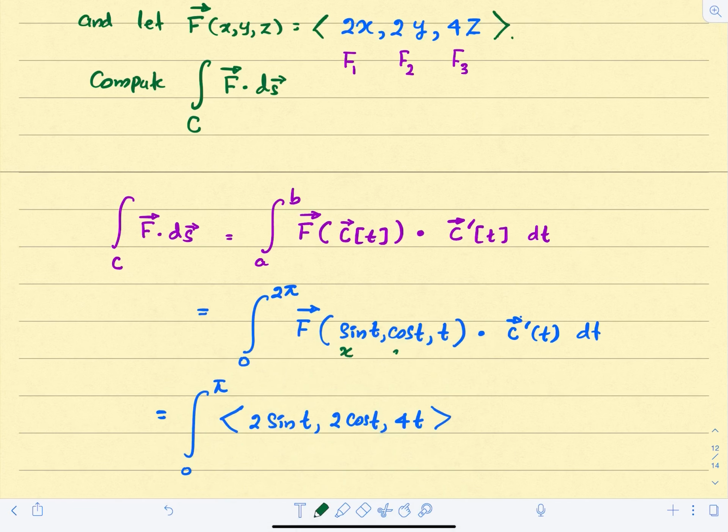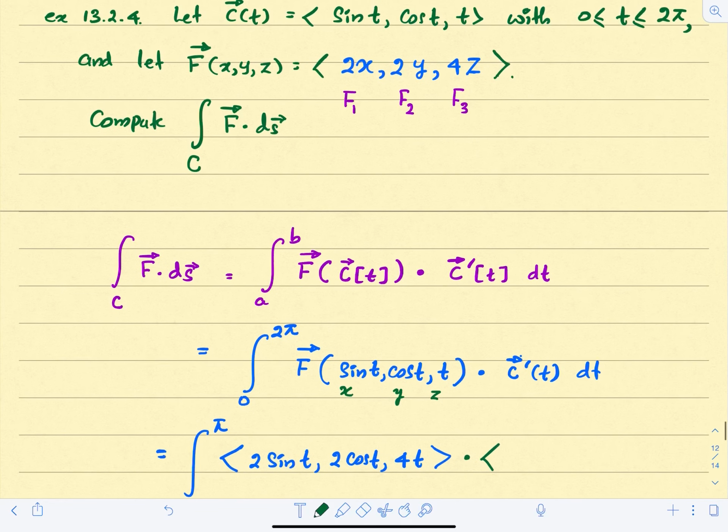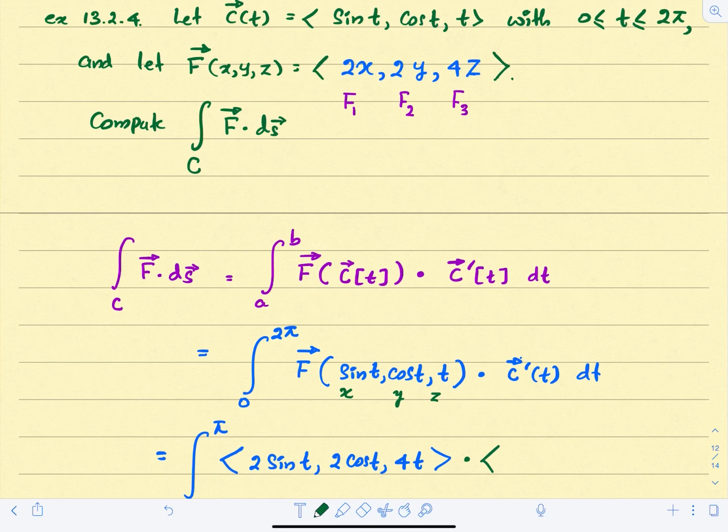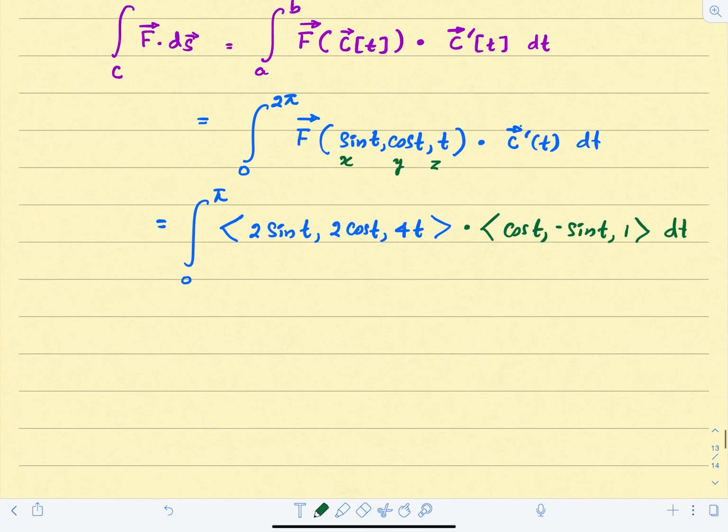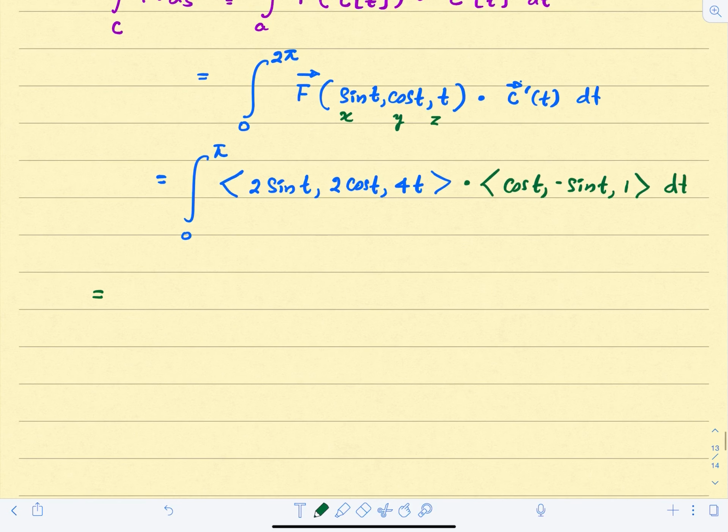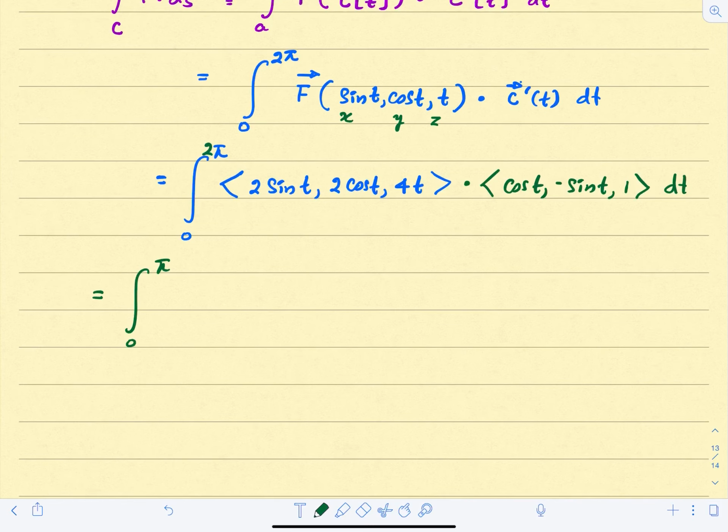This is x, this is y, this is z, dot c prime of t, which equals the derivative of c of t, cosine t comma minus sine t comma 1 dt, and this equals the integral from 0 to 2 pi.